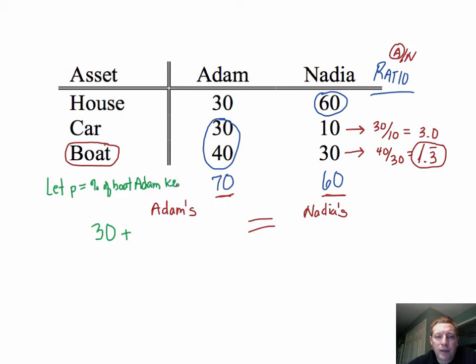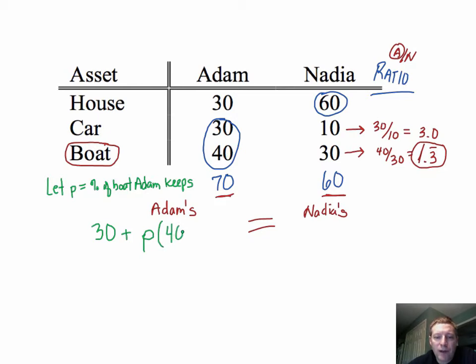All right, so now we're going to get all algebraic here. This is going to be very algebraic. So Adam has 30 points free and clear from the car, plus he's going to have a certain percentage of the boat. The boat was worth 40 points to him.